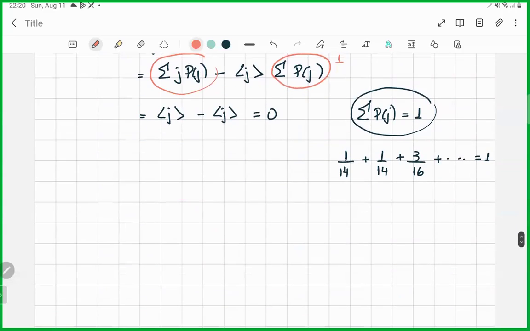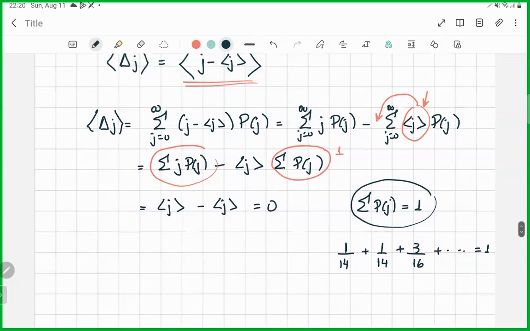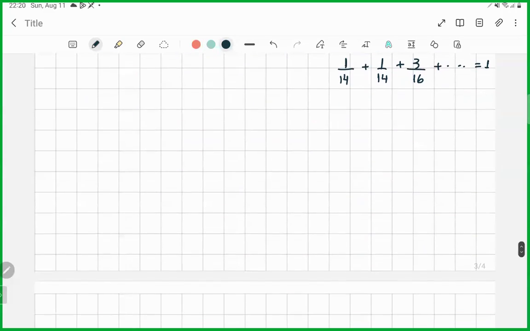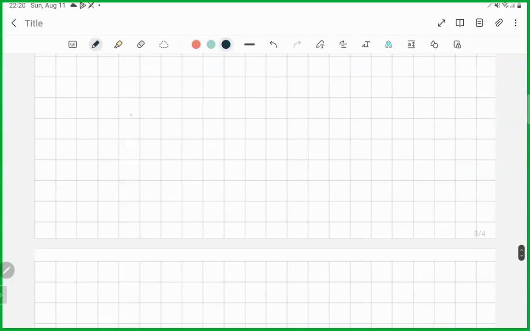Well, the best way to give information about the spread of a distribution is, instead of looking at this difference, let's square it. What I'm saying is, let's look at J minus the mean. We want to know how far away we are from that mean. That will give us information about the spread, but not just that.